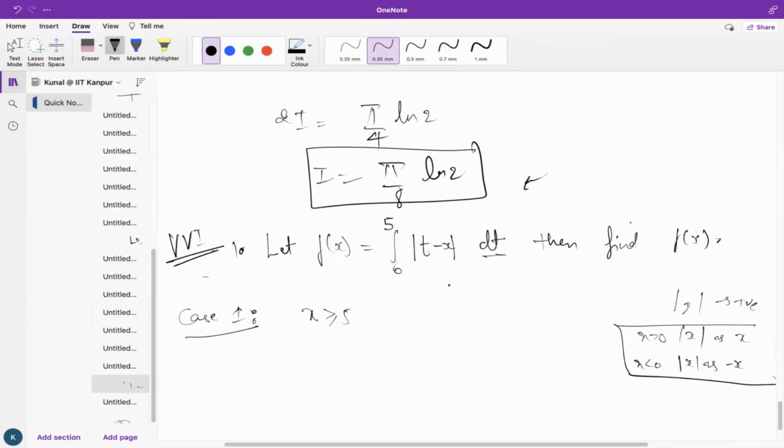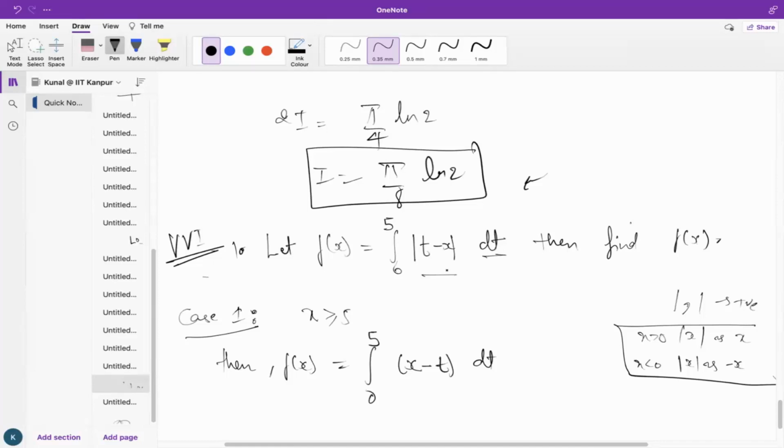So when x is greater than 5, then our f(x) is equal to the integral from 0 to 5 of x minus t dt. I hope you'll all understand why x minus t, because the value inside the mod becomes negative, so it comes out with the negative sign, right?